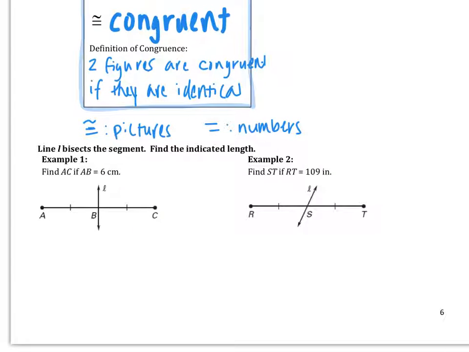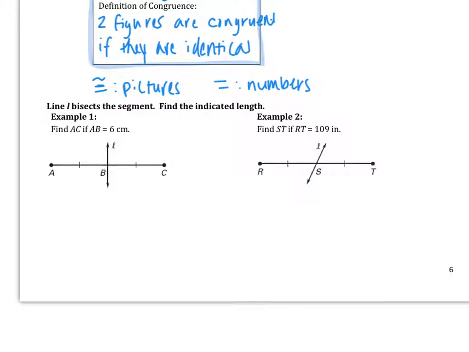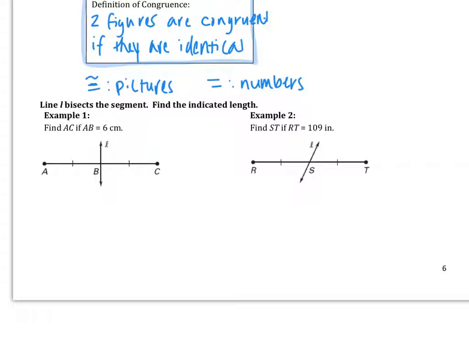Now let's try some examples with some numbers. I know the notes can be a little trickier. A lot of times it makes more sense when we get numbers in there. So first thing, when I look at this, I see these little dashes. So these little dashes tell me that AB equals BC. So if this side is 6, well then this side is 6 because they're equal.